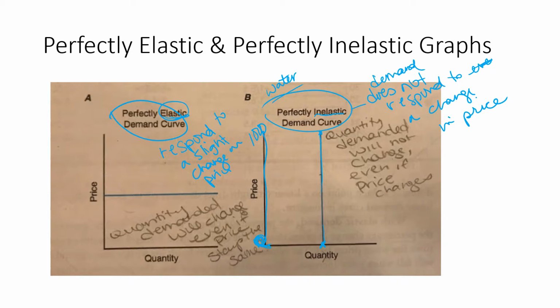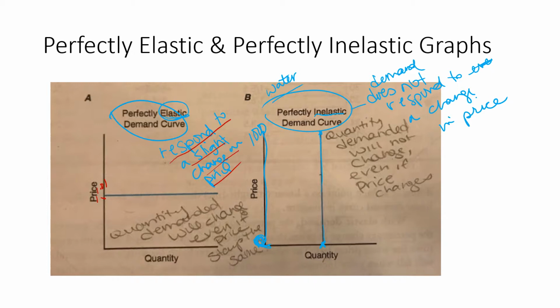But let's say the only source of water was through bottled water, you'd probably spend everything on it to have it. Okay, and then similarly, or oppositely, elastic goods respond to just a very slight change in price. So let's just pretend we're going from like $1 to $1.01.